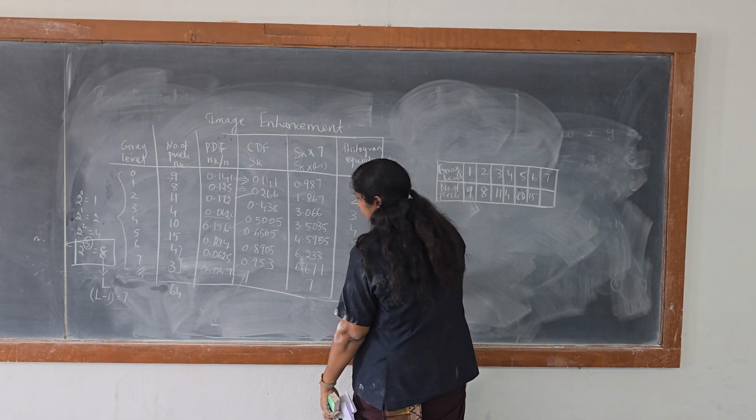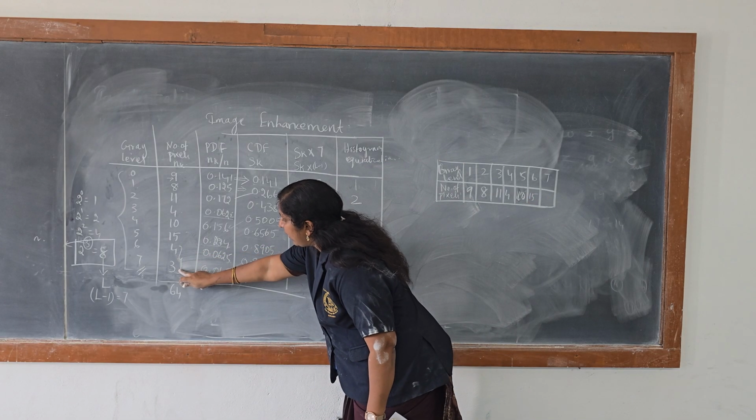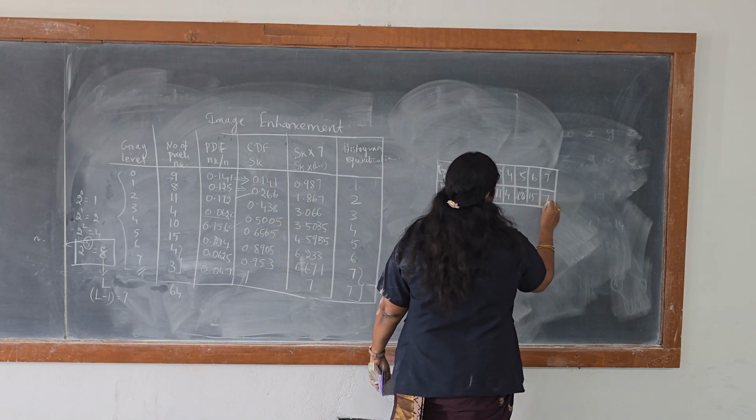For 7 we have added 4 and 3, you will get 7 again.